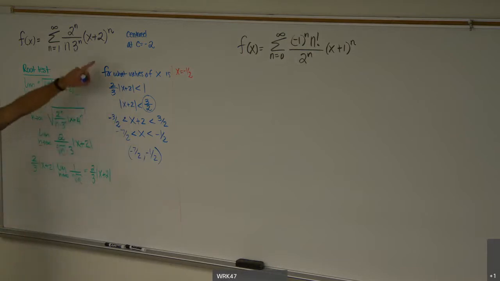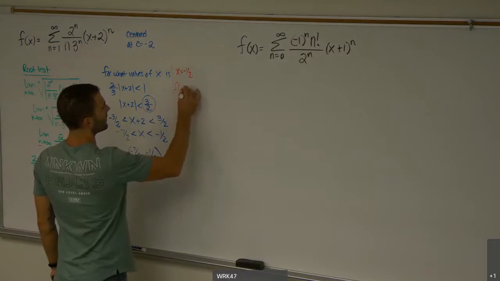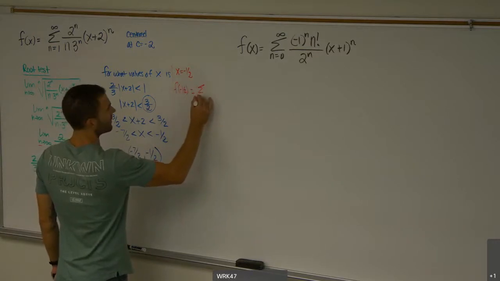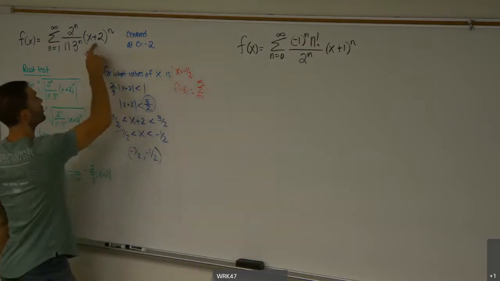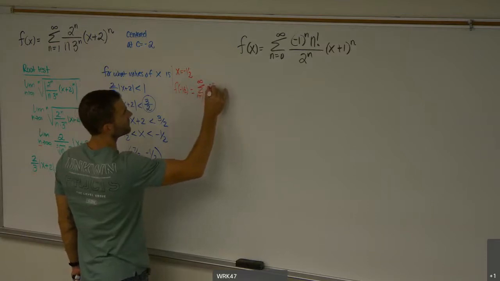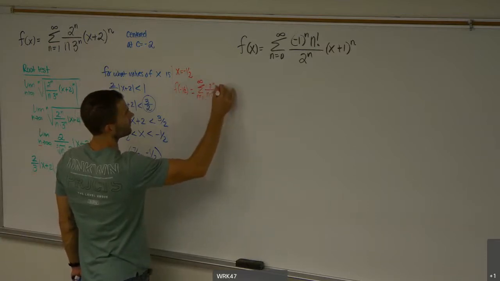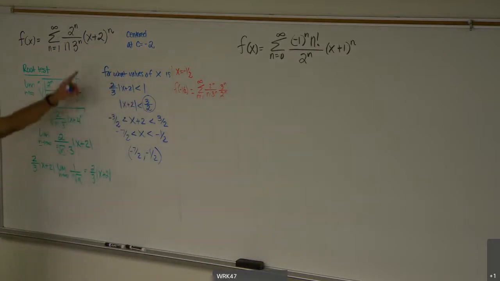So if I plug in -1/2 for x, remember, -1/2 plus 2 is 3/2. So we get the series from n equals 1 to infinity, with -1/2 plus 2, which is 3/2.